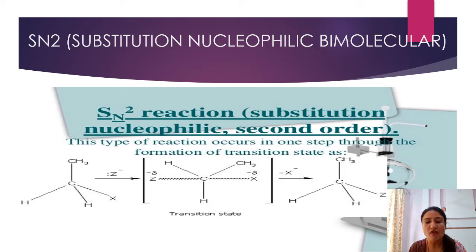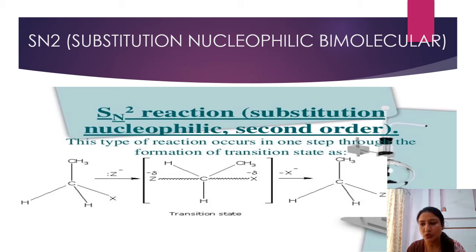The formation of one bond and the breakage of the other take place simultaneously in this transition state. This two-step process takes place simultaneously in a single step, and no intermediate is formed here.